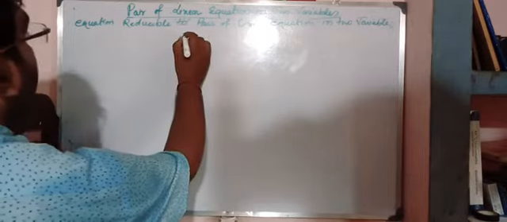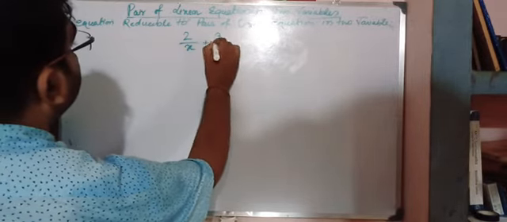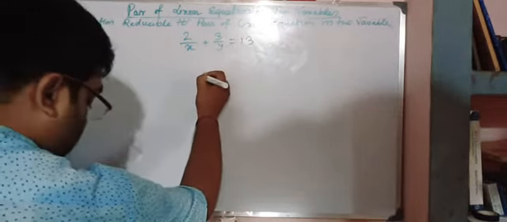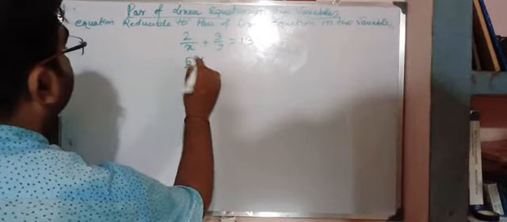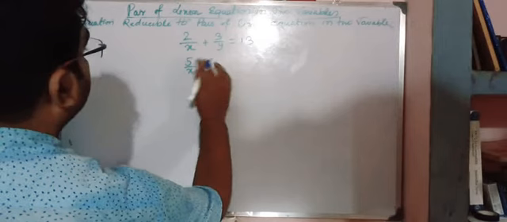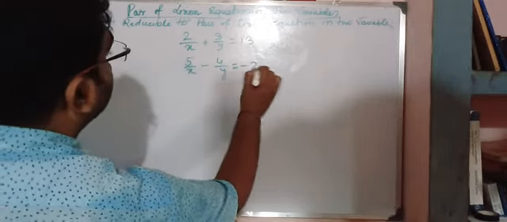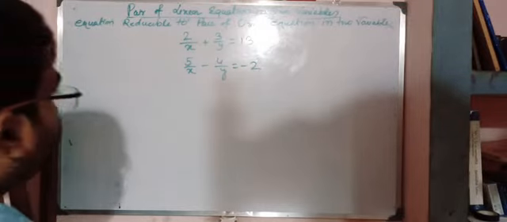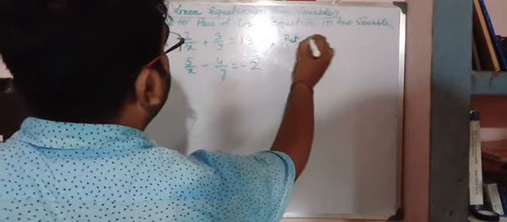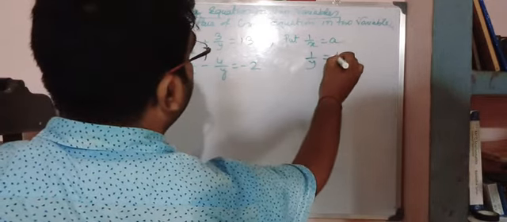Suppose we are given equations in the form 2 by x plus 3 by y is equal to 13 and 5 by x minus 4 by y is equal to minus 2. Here we put 1 by x equal to a and 1 by y equal to b.